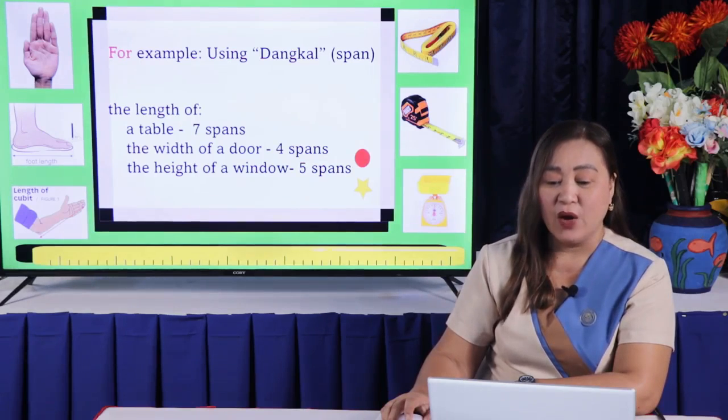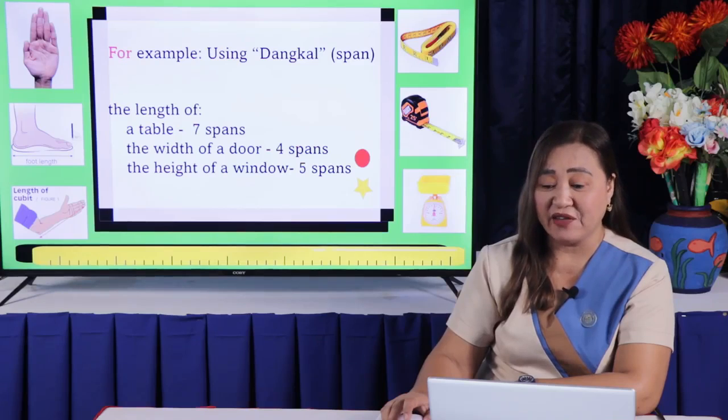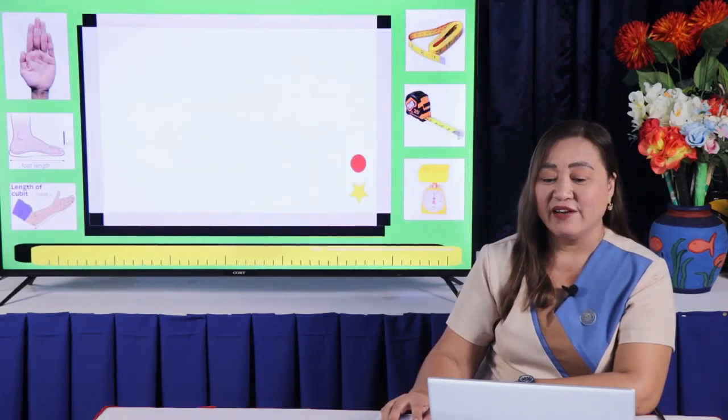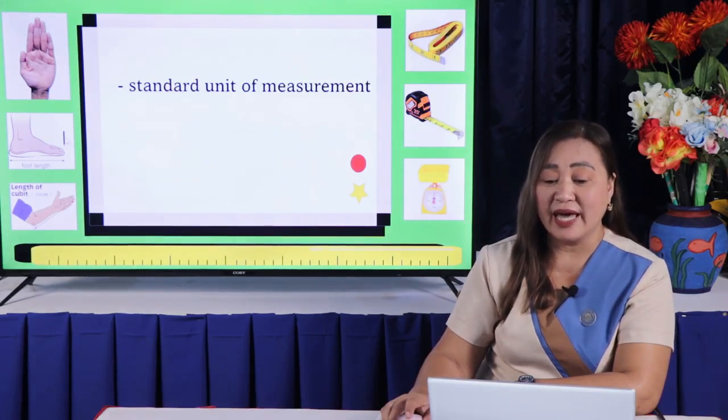Discrepancies arose when the people started comparing their measurements to one another, because measurements of the same thing differed depending on who was measuring it. Because of this, these units of measurement later on evolved and developed into what is now called the standard units of measurement.